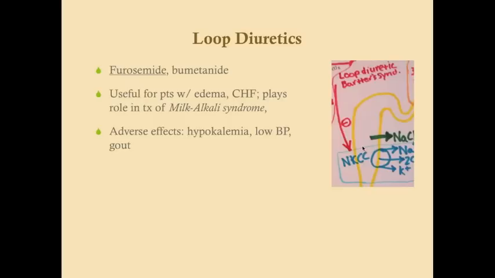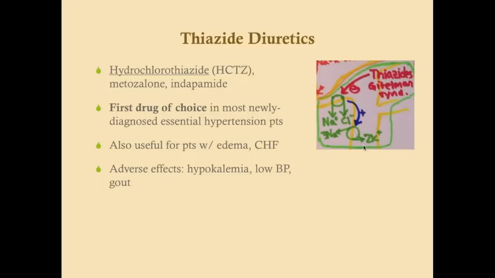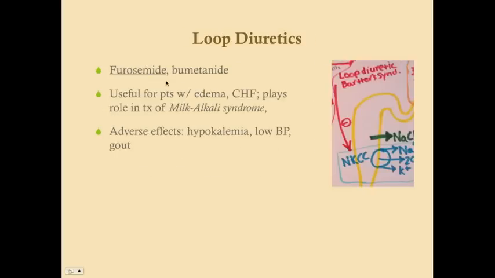The same thing with the loop diuretics, you're inhibiting the reuptake of sodium, so you're going to present more sodium to this channel in the collecting duct. And so you're going to have some sodium pulled back in, but at the expense of potassium. The overall result of both thiazide and loop diuretics, though, is a net reduction of sodium reabsorption.